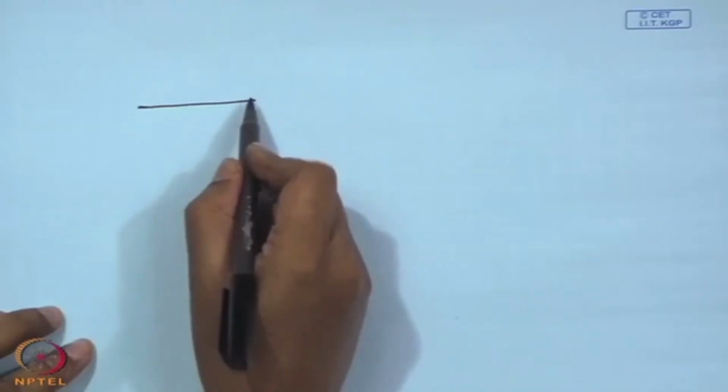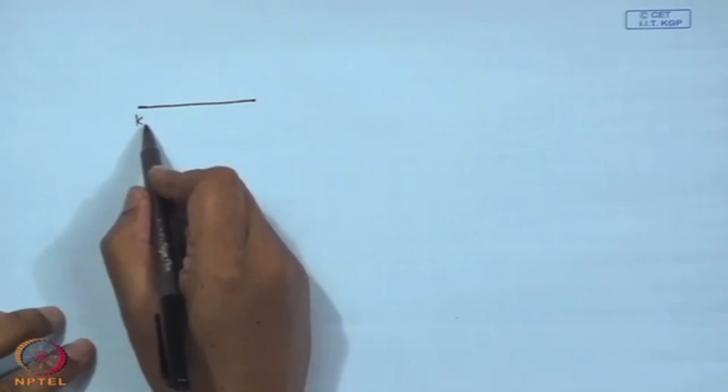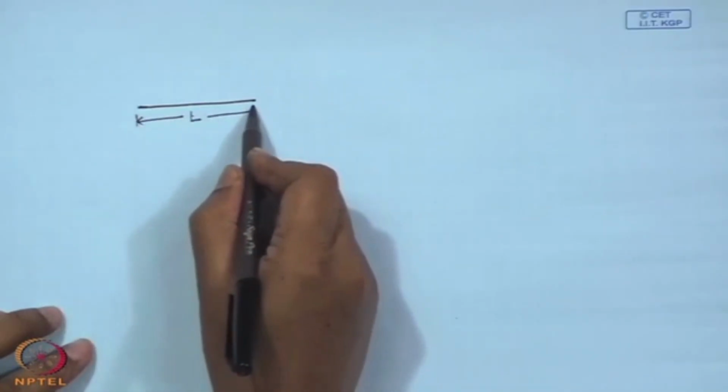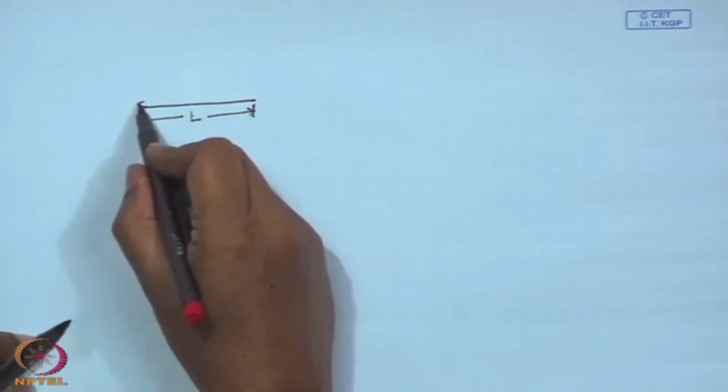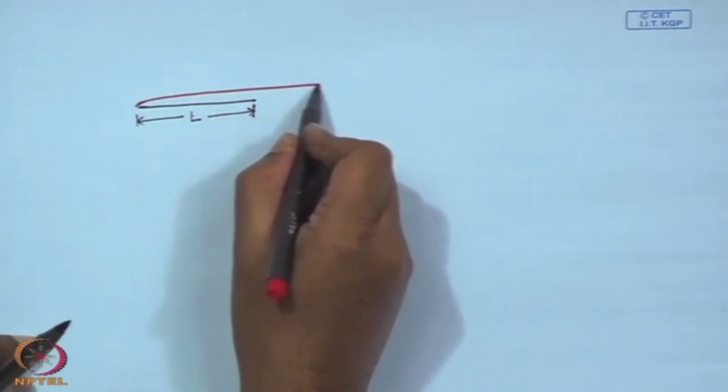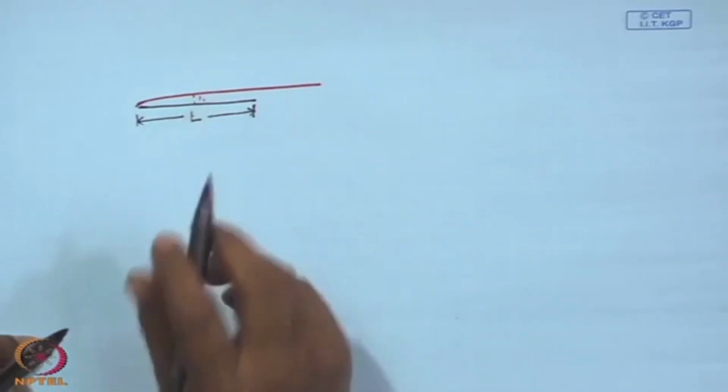So, we will consider a flat plate of infinite width, body of infinite width, 0 thickness, and in the streamwise direction, let us say length be L. And essentially we are considering only this part of the flow.